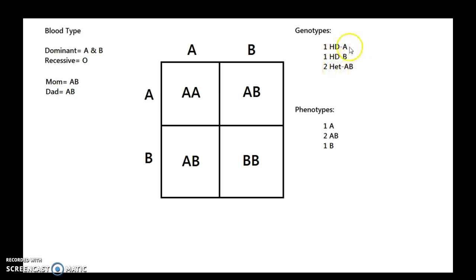So you have to give me dash what it's for. Phenotype-wise, we have 1 type A, 2 type AB, and 1 type B. So 25% chance for type A blood, 50% chance for type AB blood, and another 25% chance of having B blood.